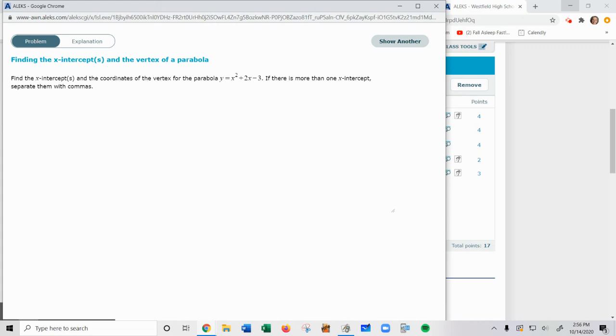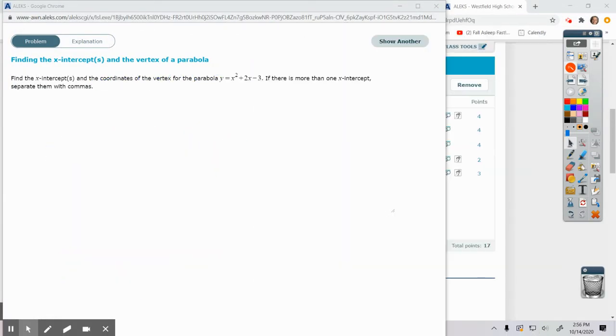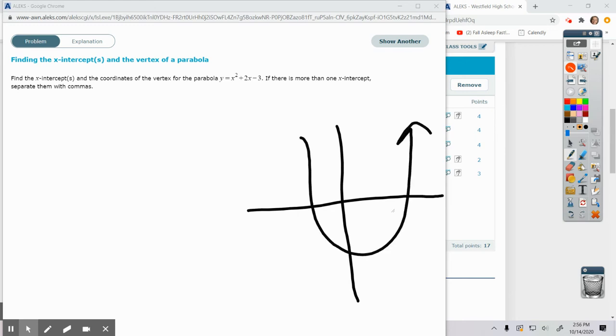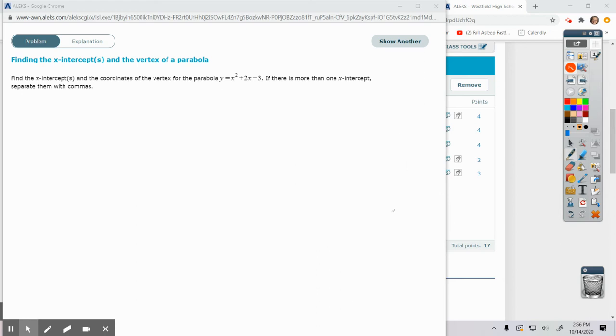So remember when we are looking at something with x and y intercepts or the parabola and we don't have the actual visual of it, if we think about a quadratic, right, if this is a coordinate plane and this is our parabola, the x-intercepts are also called the solutions. So to find the solutions, that's where we use the quadratic formula. So you might need to write this down to remind yourself, x-intercepts, we're using the quadratic formula.